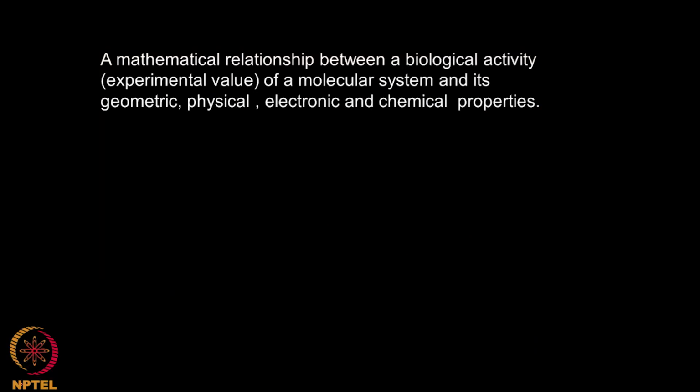We will continue on the topic of QSAR, that is quantitative structure activity relationship. What is this? QSAR is nothing but a mathematical relationship between the biological activity, that's the experimental data, or we can collect it from the literature, of a molecular system and its geometric, physical, electronic and chemical properties.